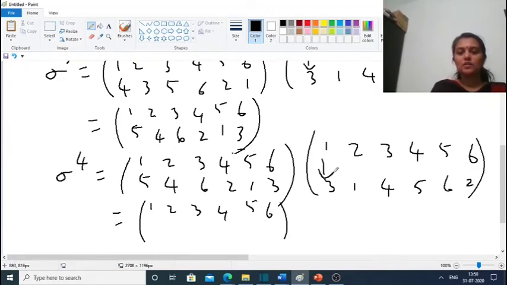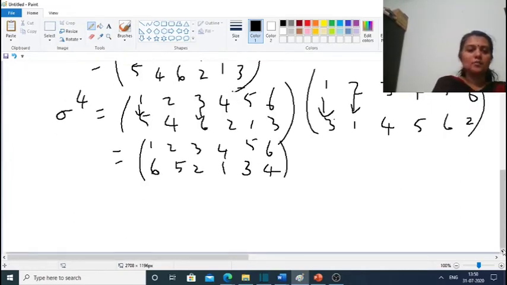Here 1 goes to 3, 3 goes to 6, 2 goes to 1, 1 goes to 5, 3 goes to 4, 4 goes to 2, 4 goes to 5, 5 goes to 1, 5 goes to 6, 6 goes to 3, 6 goes to 2, 2 goes to 4. This is sigma raised to 4.